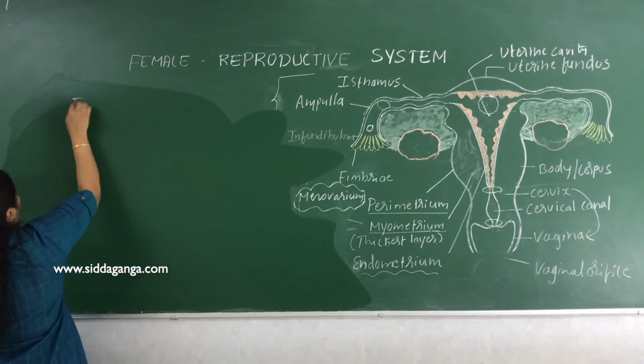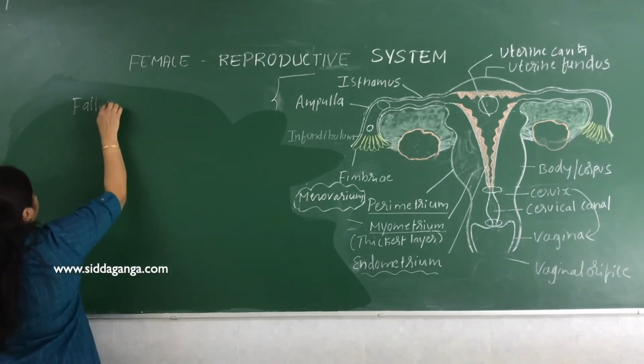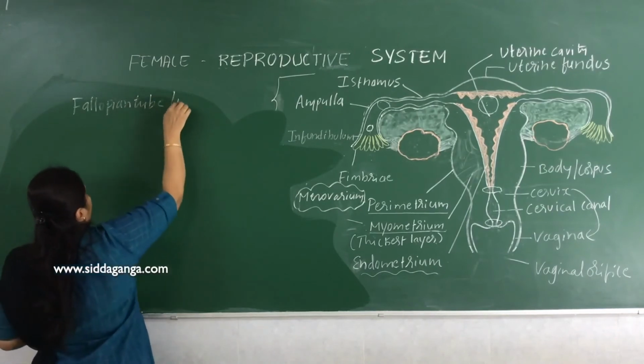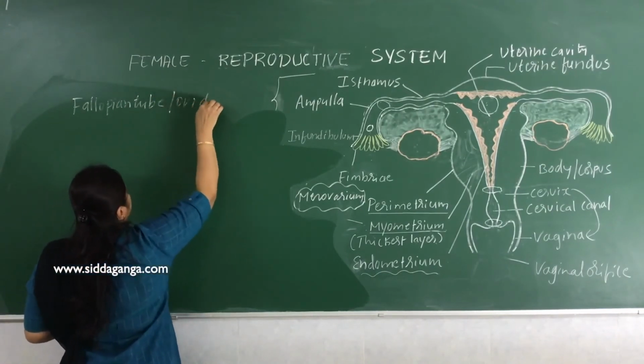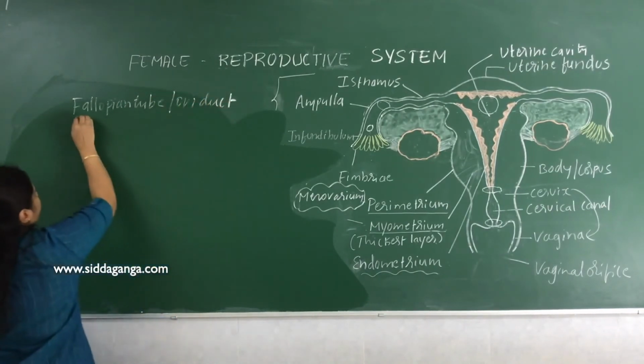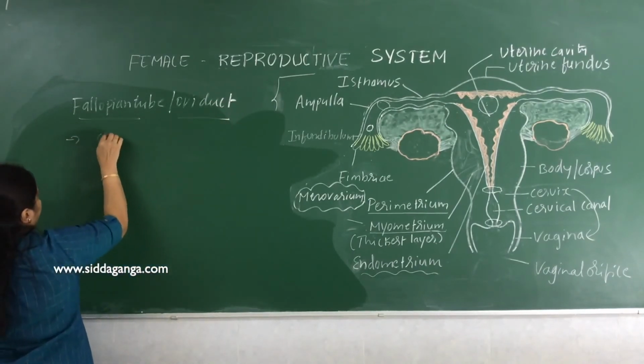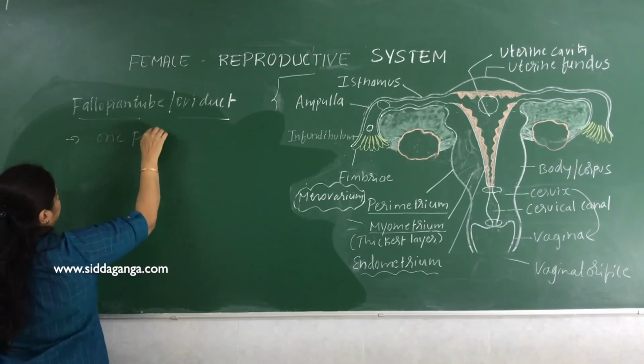Fallopian tube is also called the oviduct. What about the number of fallopian tubes? One pair, two.